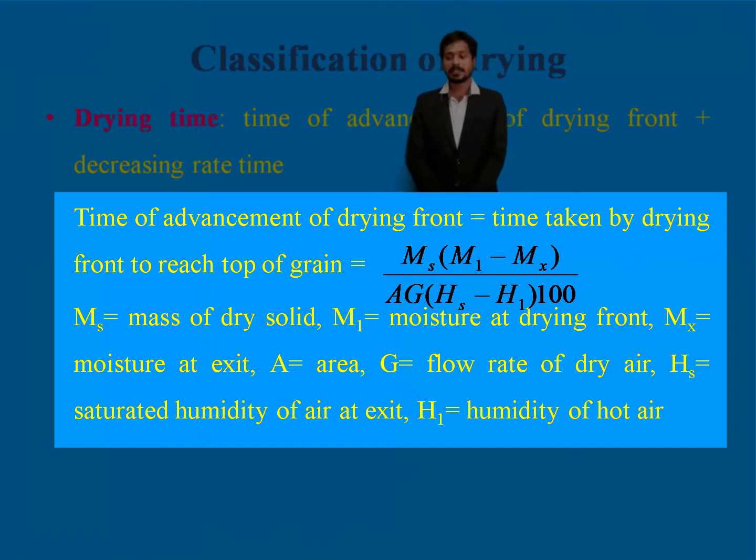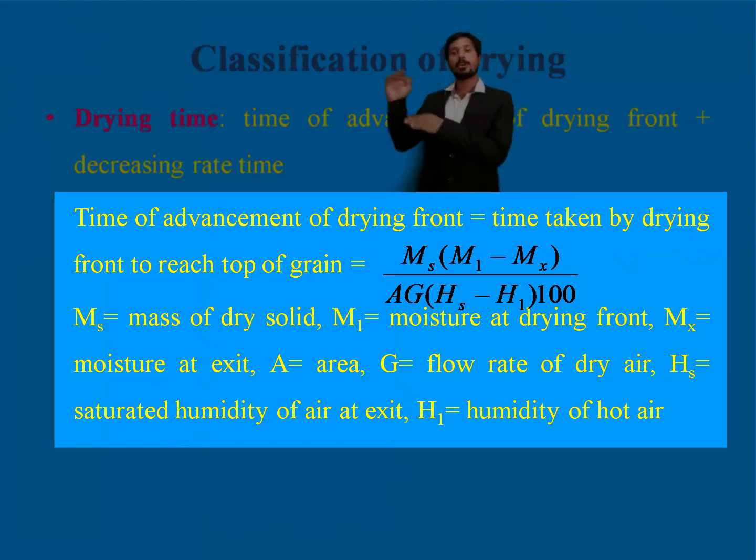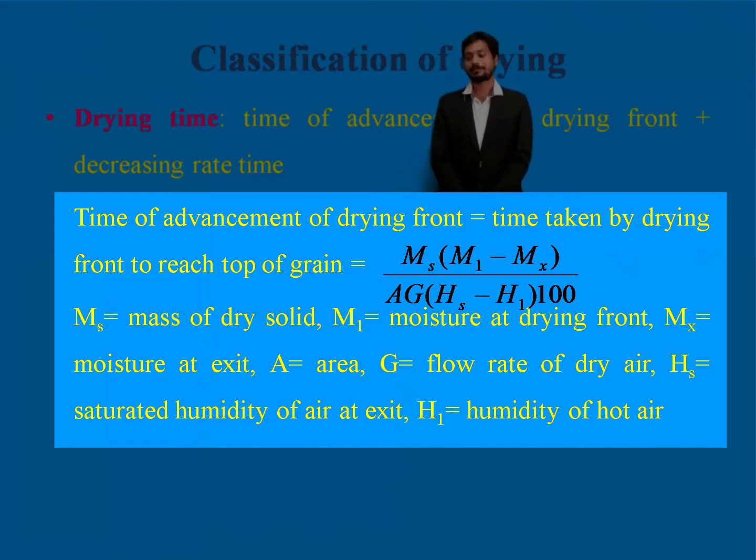So what is this Ms? Ms is the mass of dry solid. M1 is the moisture at the drying front. Mx is the moisture of the grain at the exit of the drying chamber. Will that be higher or lower? Yes, that will be lower.